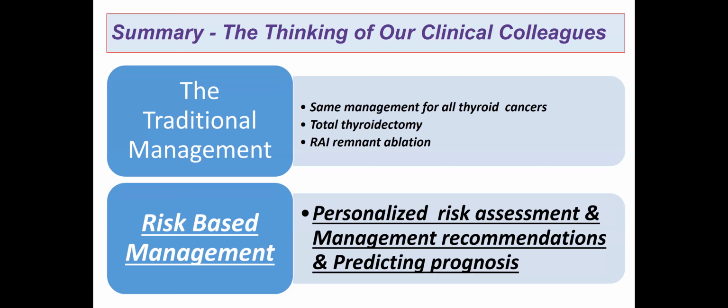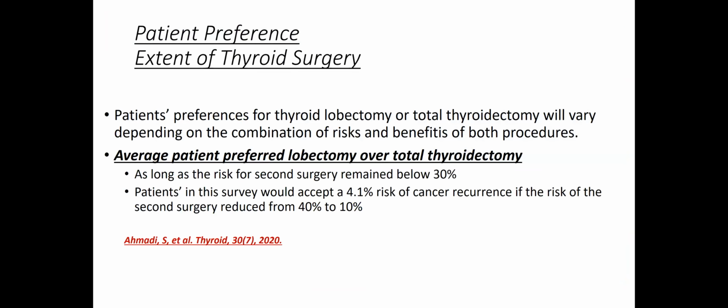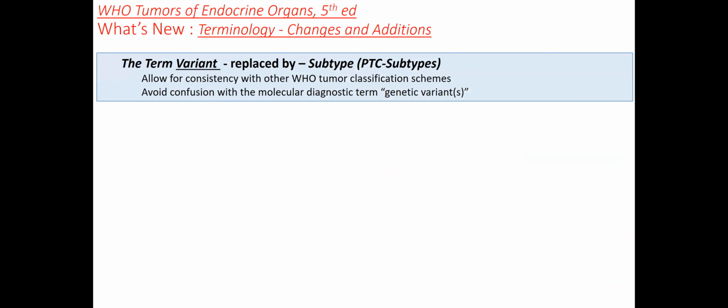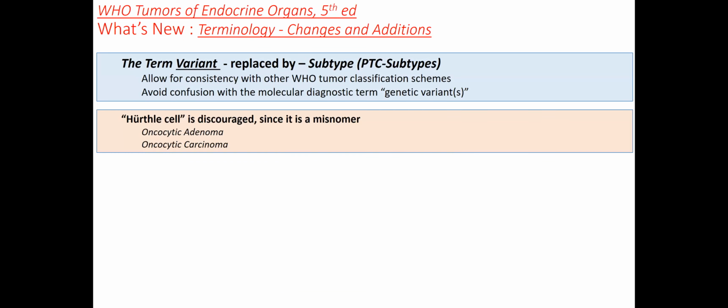So not all patients with a diagnosis of thyroid cancer need total thyroidectomy and radioactive iodine. And as I showed this before, the patient thinking about what type of surgery they get is also changed. In the new WHO, the term variant is replaced by subtype because the term variant is very prolific in molecular pathology.